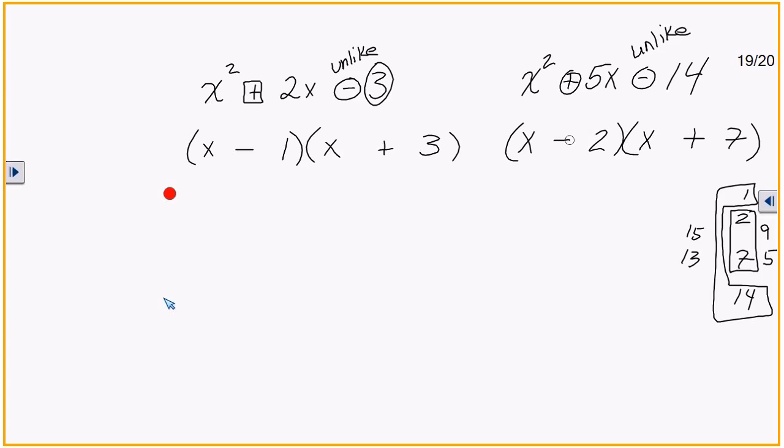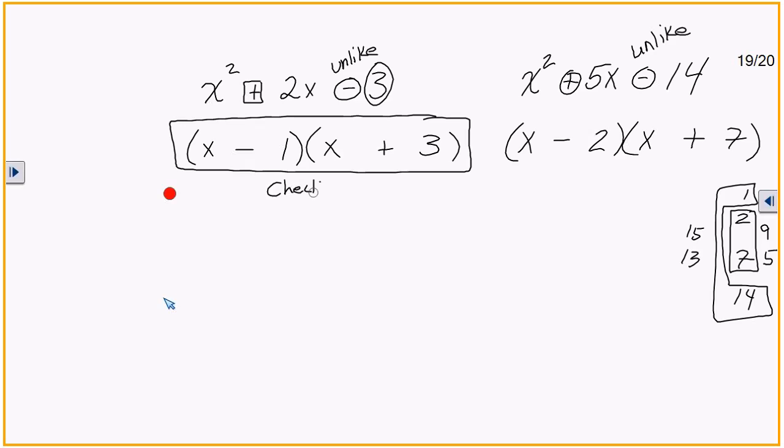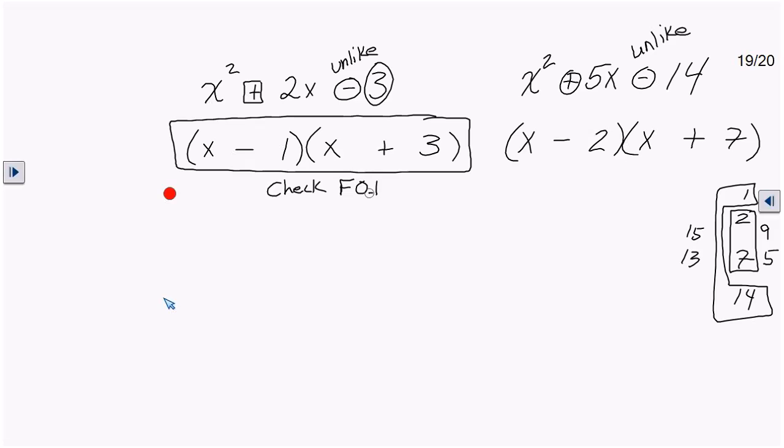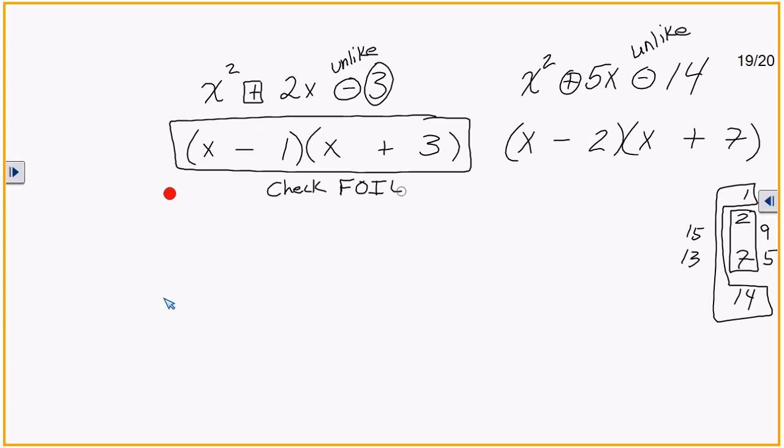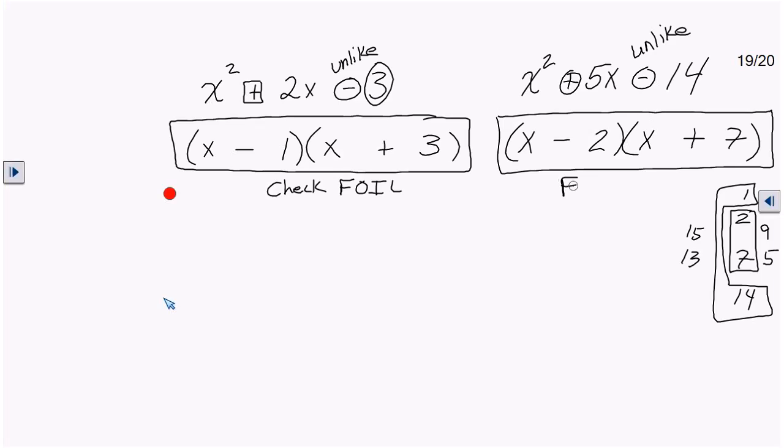That's your answer. Now, if you want to check them, check by doing the FOIL method. And I would highly suggest doing that, because then you'll start seeing how you're getting the reverse FOIL method by checking it with the FOIL method.